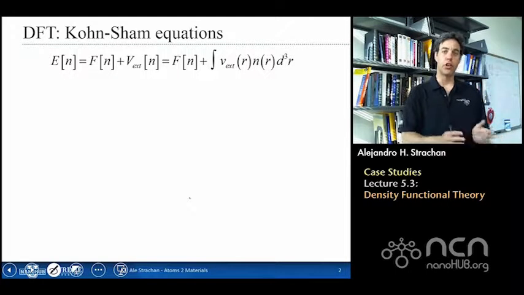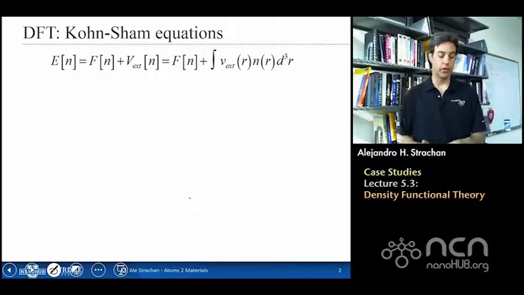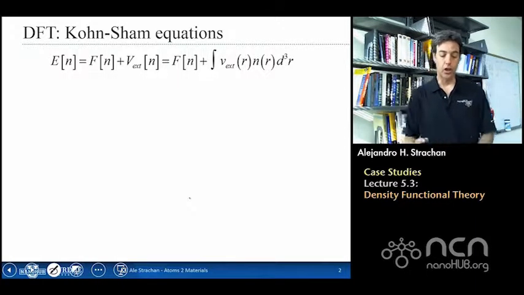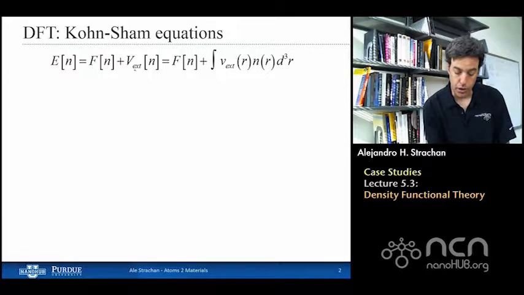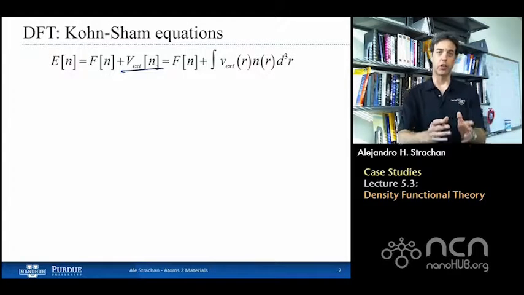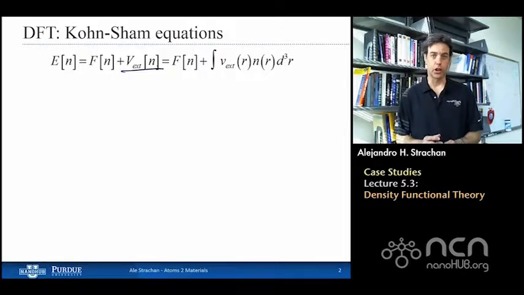The energy is a functional of the electron density, but we don't know that functional. So how can we solve that problem? I know I can write the total energy as having multiple components: kinetic energy, electron-electron interaction, and the interaction of the electrons with the external potential.